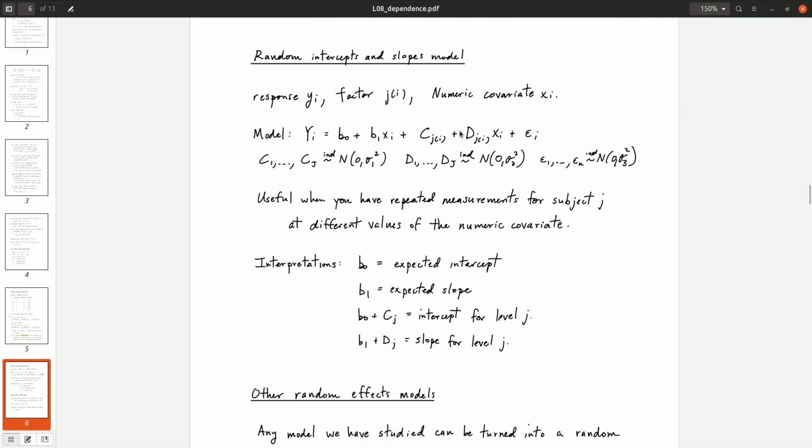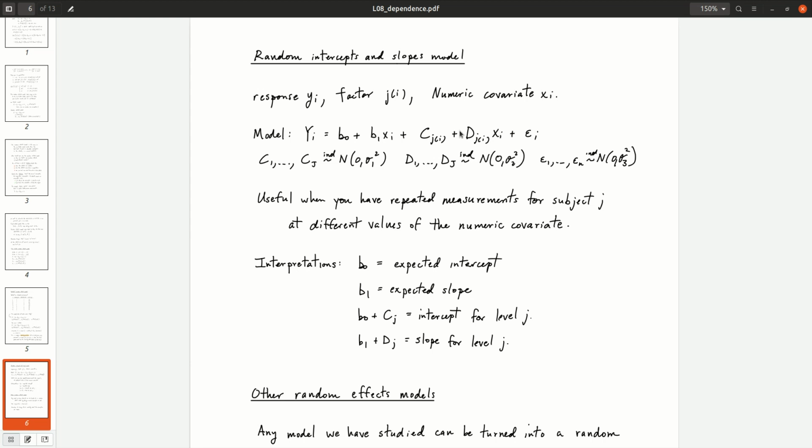All right, the next model I want to talk about is the random intercepts and slopes model. Again, the response is lowercase y sub I. In this case, we'll just have one factor, but of course you can add multiple factors if you have them and want to model them.